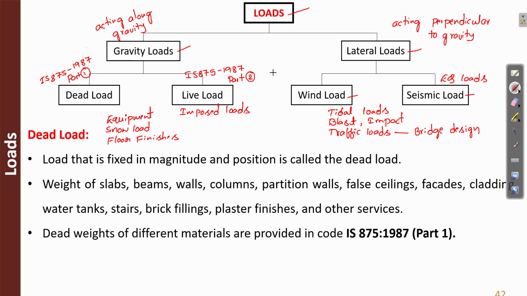For wind loads, IS 875 1987 part 3. For seismic loads, we have a separate code, that is IS 1893 2016 part 1, which gives the criteria for earthquake resistant design of structures.